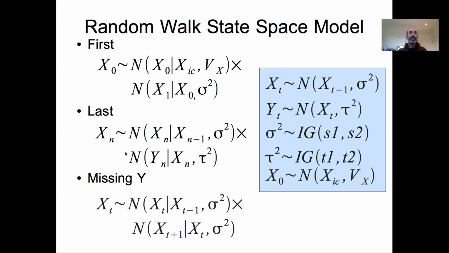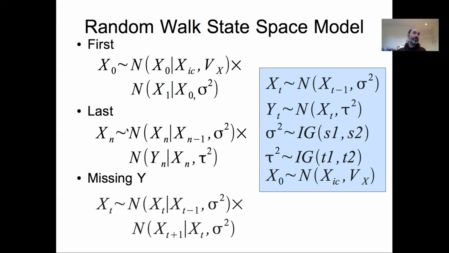The last case corresponds to when there's not an xt plus 1. When there's not an xt plus 1, we only have the x in the past plus the current y. So one of the advantages of the state space framework is the x's are constrained by both the future and the past.